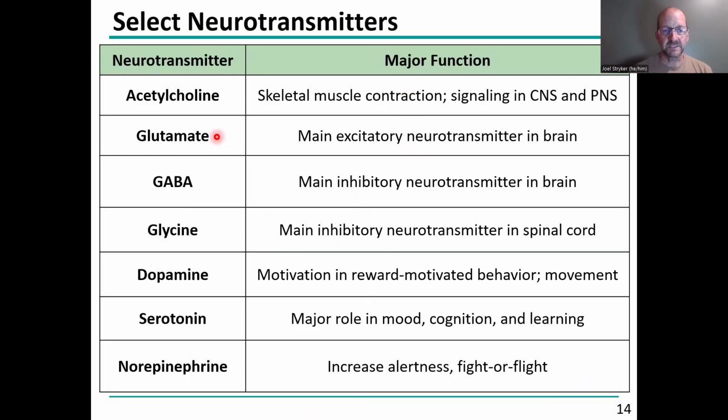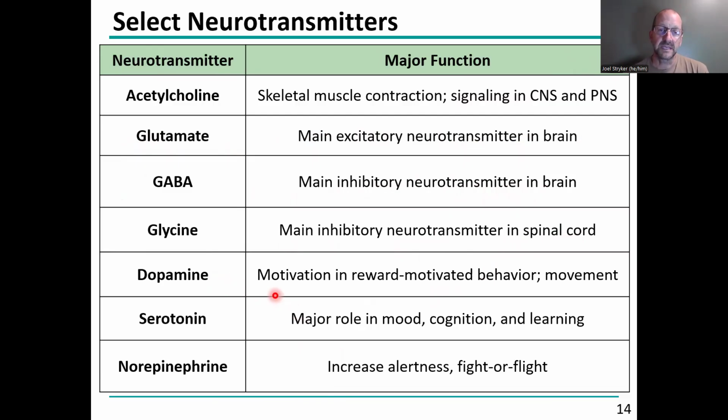Basic summary of these different groups, or at least of some important ones. So acetylcholine, we're talking about skeletal muscle contraction, as well as signaling in the central nervous system and in the peripheral nervous system. Glutamate is the main excitatory neurotransmitter in the brain. GABA is the main inhibitory neurotransmitter in the brain. Glycine is the main inhibitory neurotransmitter in the spinal cord.